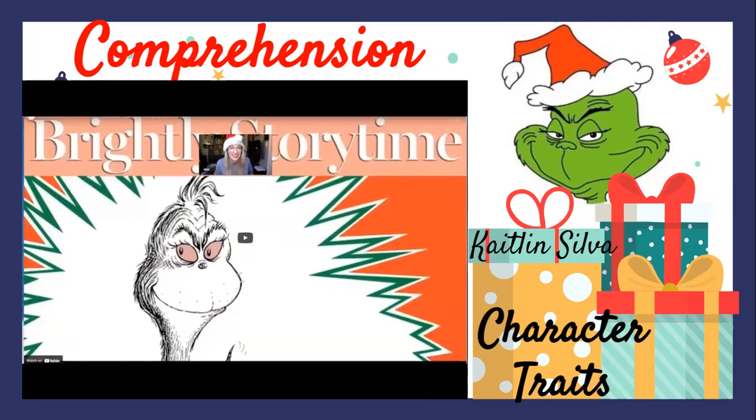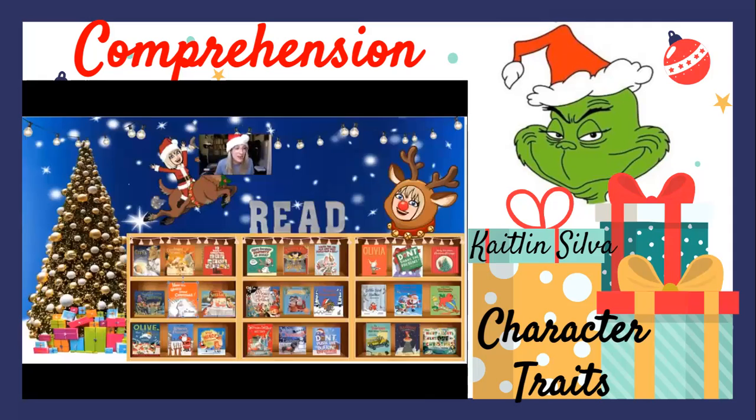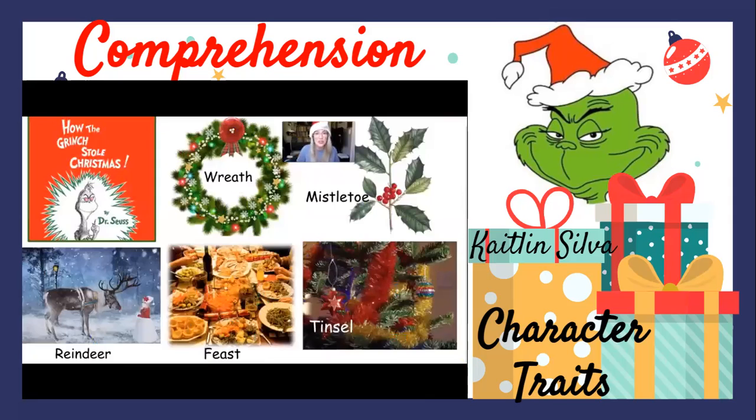That's right, the Grinch. Now, before we get started, I want to make sure to activate some background knowledge and show you some vocabulary that may be unfamiliar to you that we're going to see in the story. So this is a wreath.